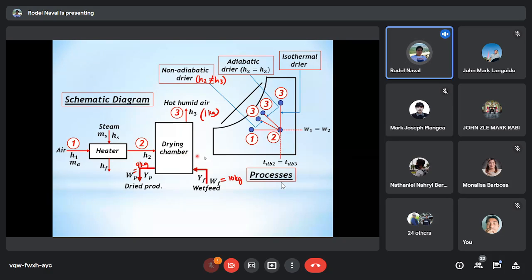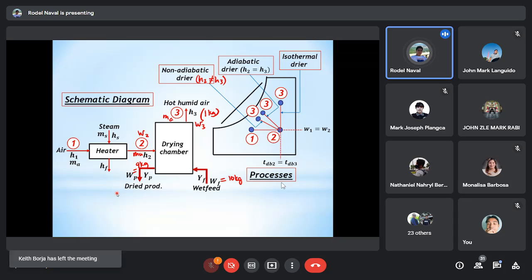But the formula in class is that if we're given this one, W1, W2, and W3, and we have mass of air here, assuming the mass of air is equal, therefore the moisture removed will be equal to Ma (W3 minus W2). Pwede po na siya, no?